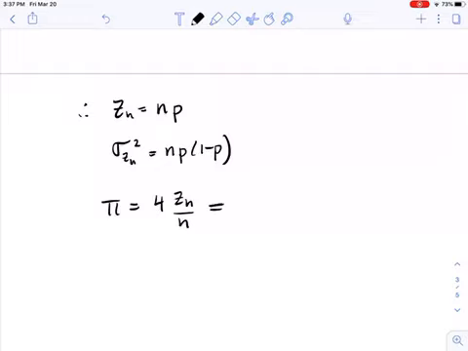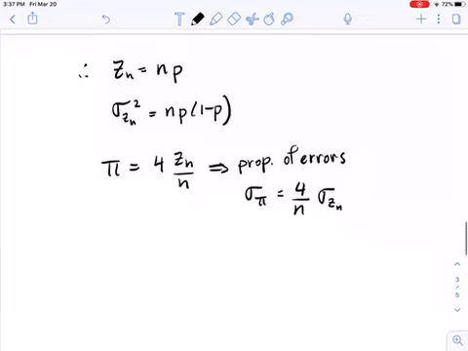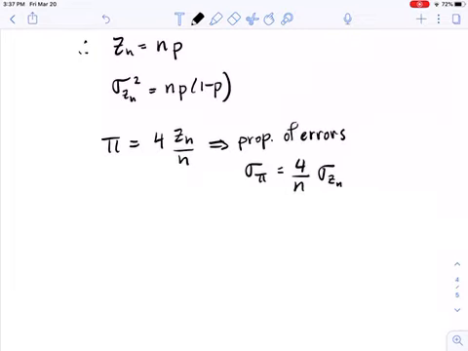Okay, so by propagation of errors, what we expect is that the uncertainty in pi should be 4 over n, which are constants, times the uncertainty in Zn. And so that should be equal to 4 over n, and then we have to take the square root of this.